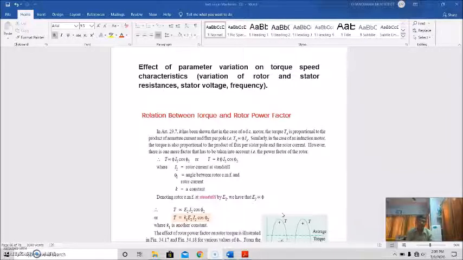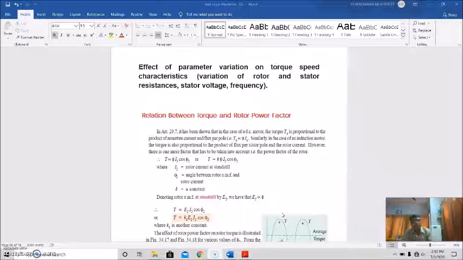Power factor is also an important factor for deciding the torque of the induction motor.